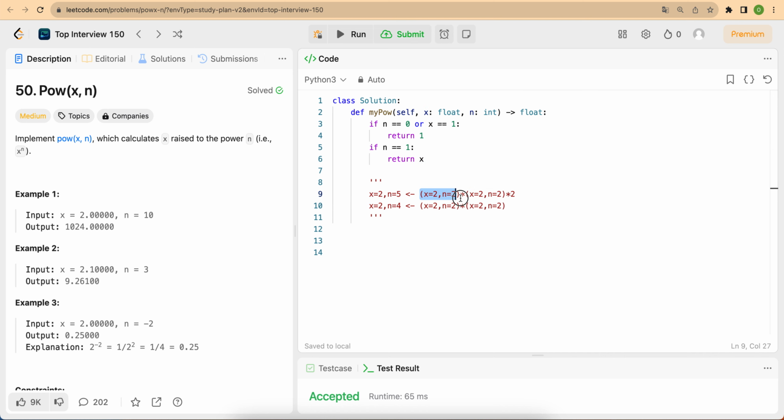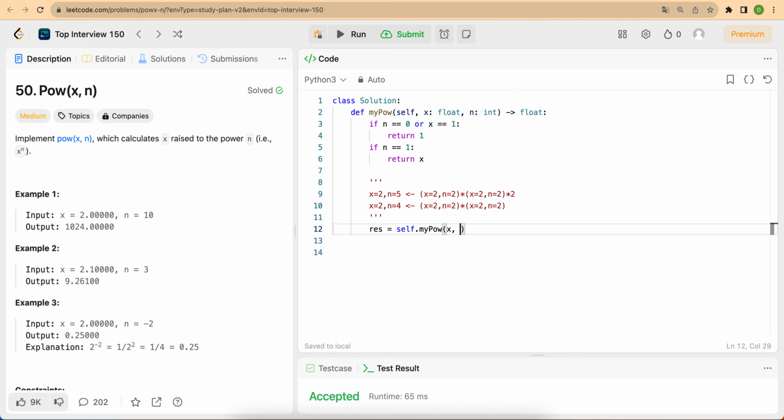We need to calculate this intermediate result for multiple times. So we can just calculate the intermediate result ahead of time, and we will then get our final result, right? So this is the recursion that we need to do.